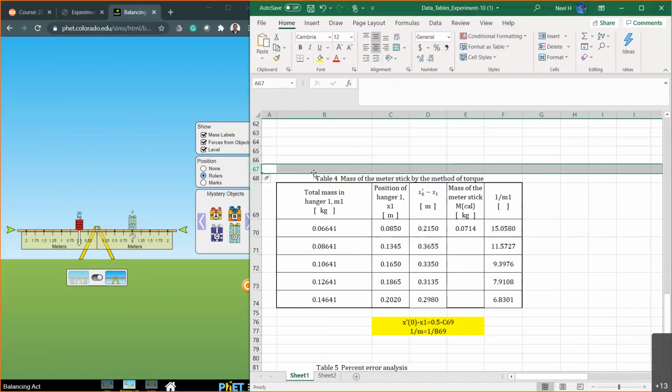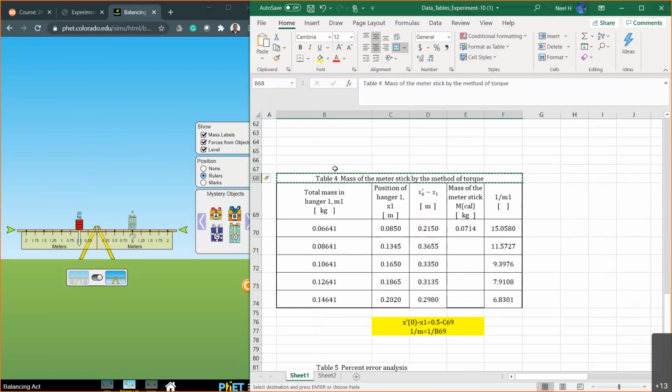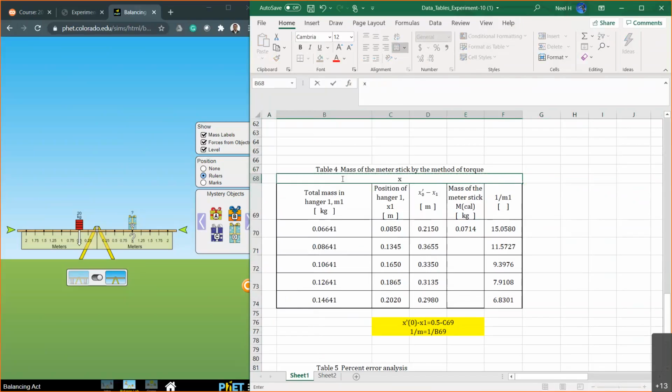Let us add those two numbers in here. Okay, so x prime 0 should be about 0.300 meters, and x0 should be about 0.500 meters.